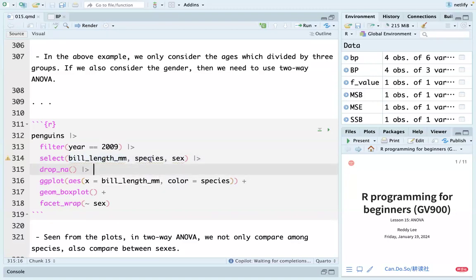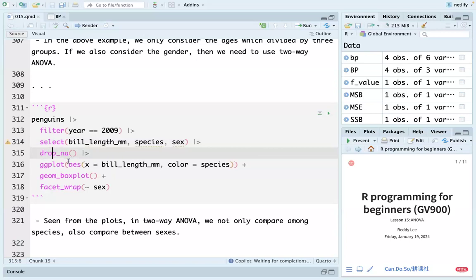And in one way, we want to see if they're significantly different in different species. And we also want to see, the second factor is the sex, if there's a significant difference among different genders. And also we want to see the interaction of species and sex.